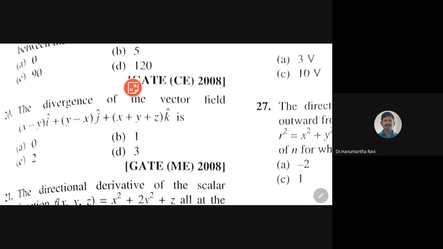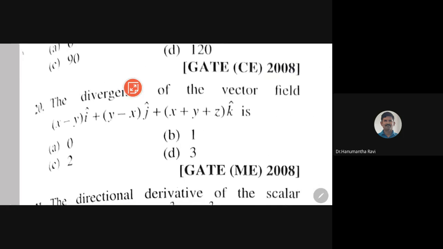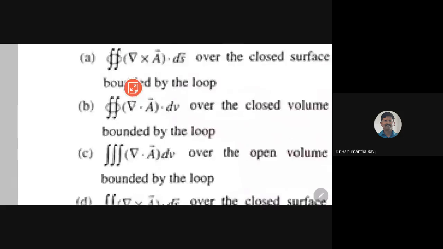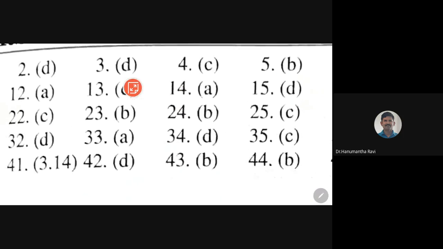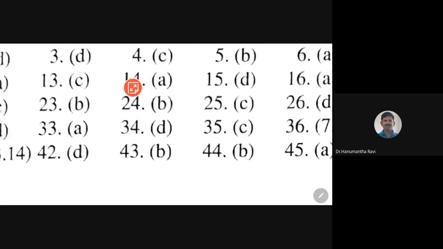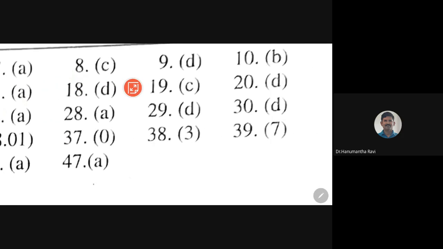We'll check once. So 3 is there for 21. For 20, the answer is D.